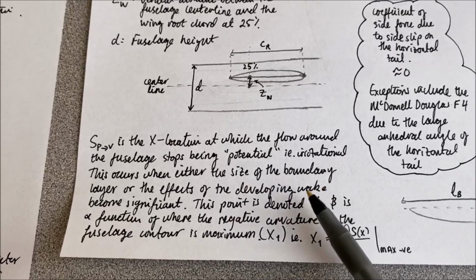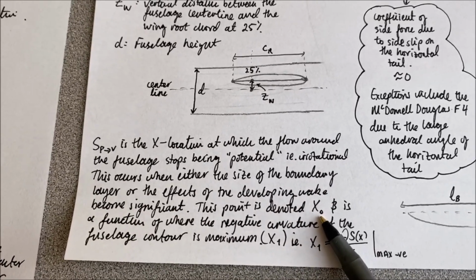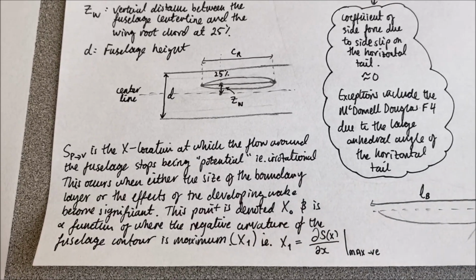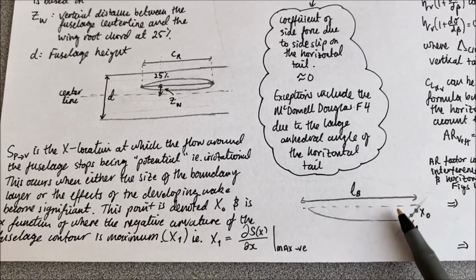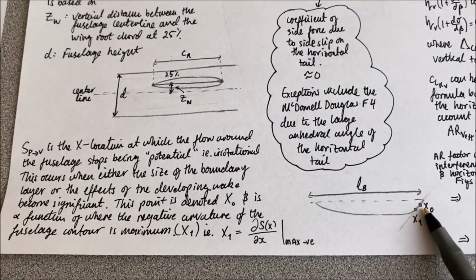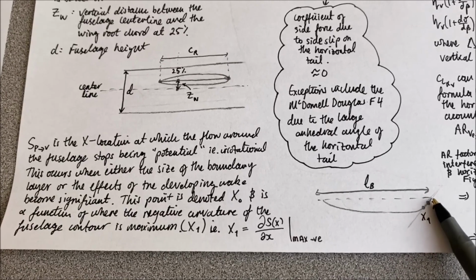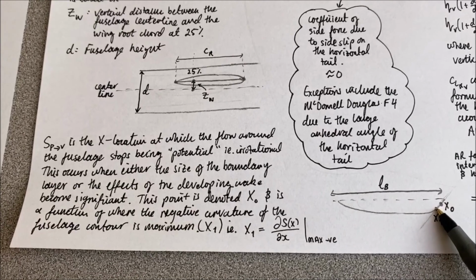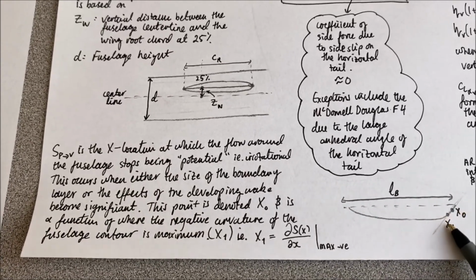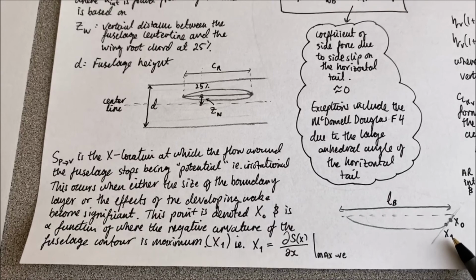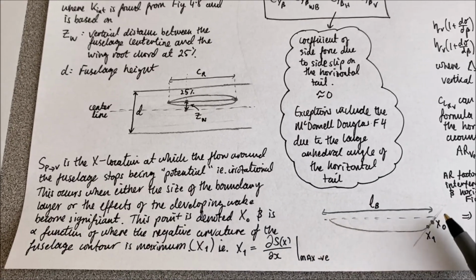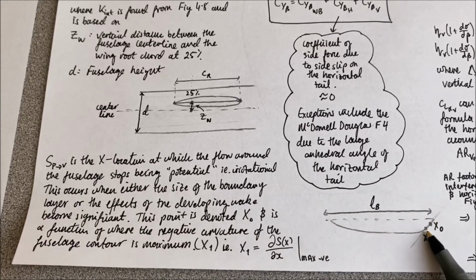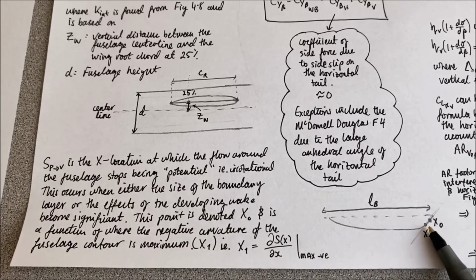And we can find this point where the flow stops being potential by considering basically the curvature of the fuselage. So at the back of the fuselage, when the curvature is maximum, so this is negative curvature, right? At the point where the negative curvature is maximum is this new point x1. So if we know a function defining the curvature of the fuselage, we can differentiate it to find the point of maximum negative curvature.